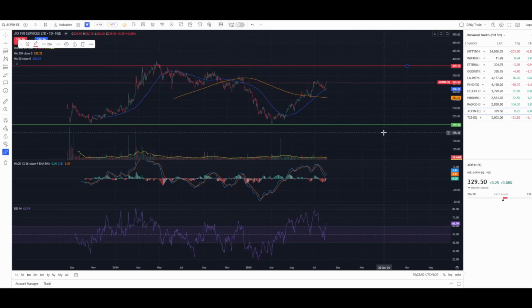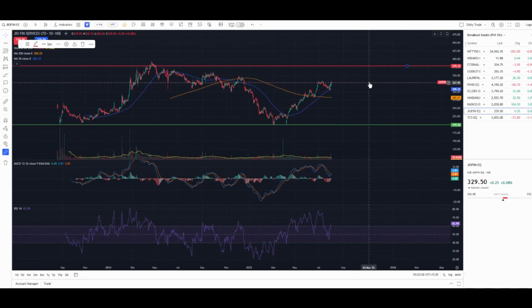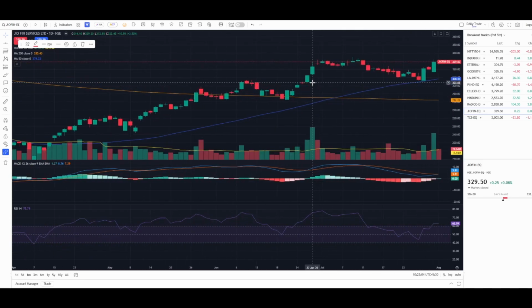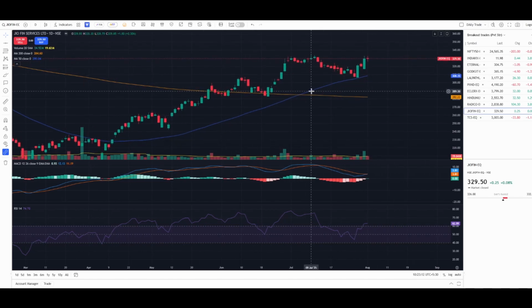Okay. It is yet to show if this is the start of the distribution phase. This candle was normal.